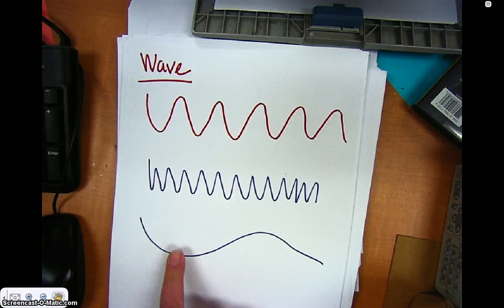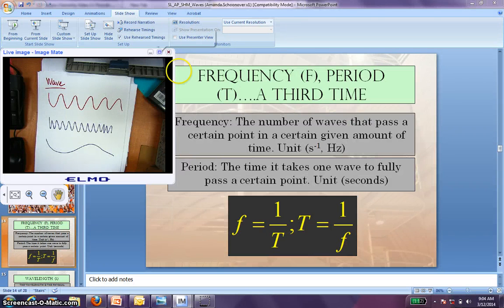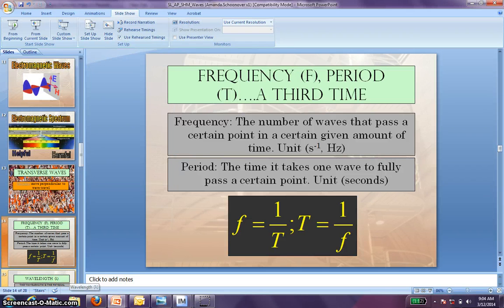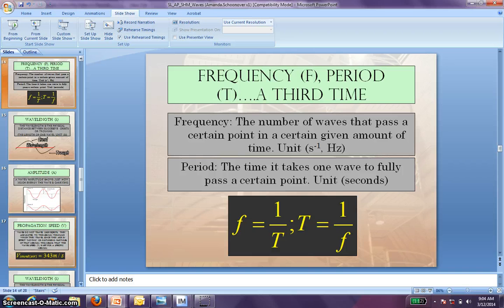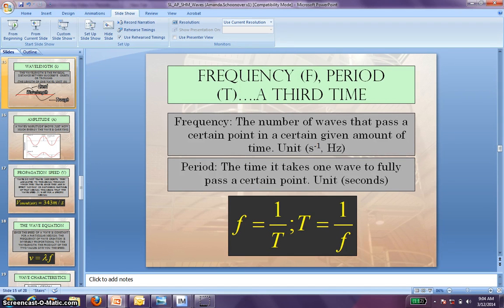So what's important to recognize here is, we actually need to define, well, what is a wave? It's a repeating pattern of itself. So what is one cycle of the wave? And in order to do that, we actually have to define some parts of the wave. So let's go ahead and go back to the PowerPoint here.